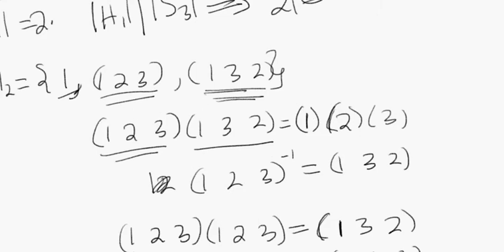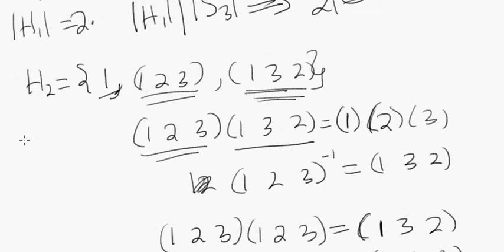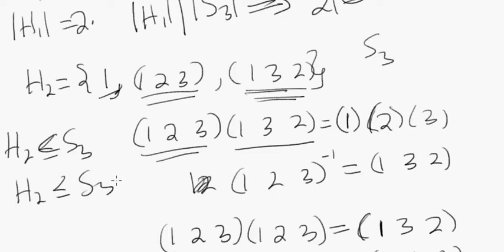Okay, this subset H2 of S3, at the moment it's a subset of S3, well, it's closed. Every element has an inverse, right? We have the identity element. Well, it's associative because things were taken from S3 and S3 is associative. Thus we know that actually H2 is a subgroup of S3.